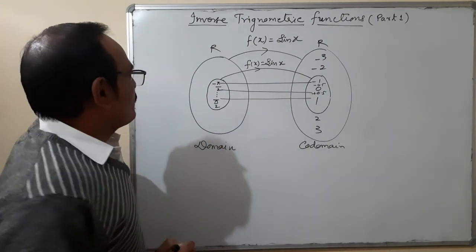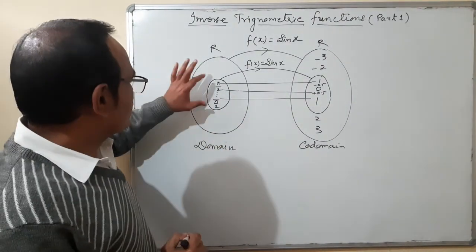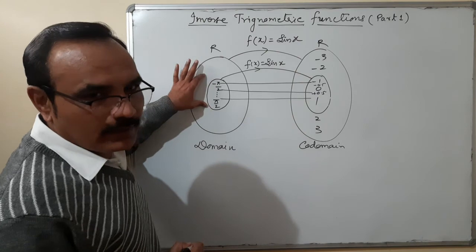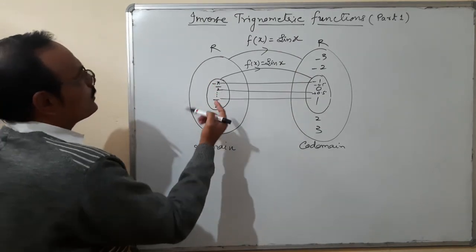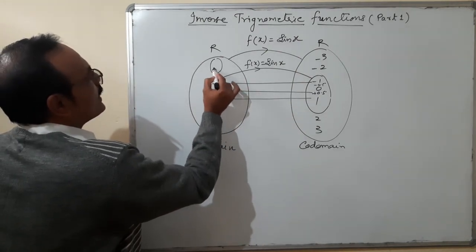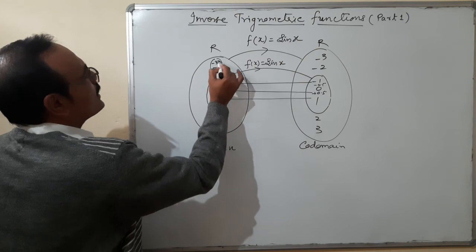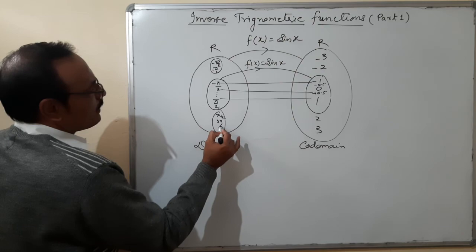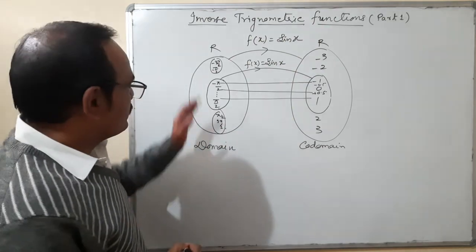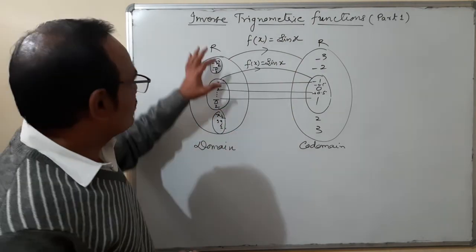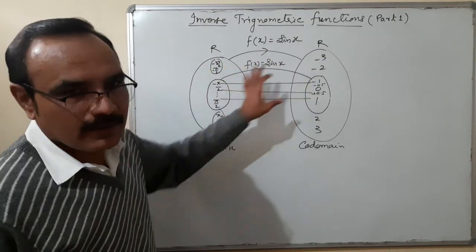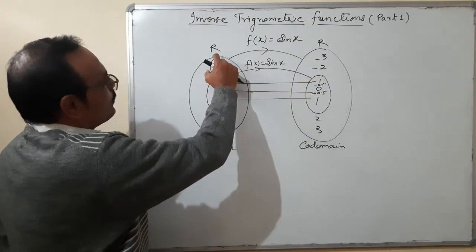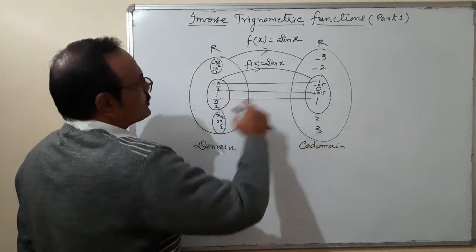But remember, not only this single subset of the domain; there are many, like -π/2 to π/2, then -π/2 to -3π/2, and π/2 to 3π/2, and many more subsets of the domain, each with its range.